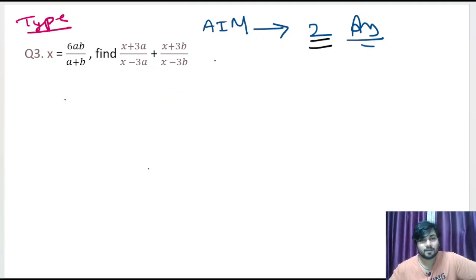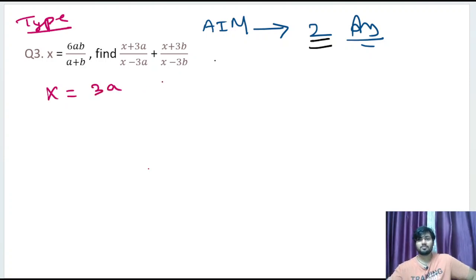Let's say x is equal to 6ab broken into 3a and 2b, which will give me 6ab.